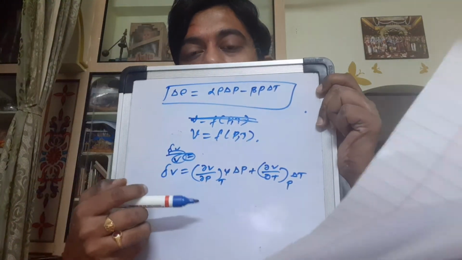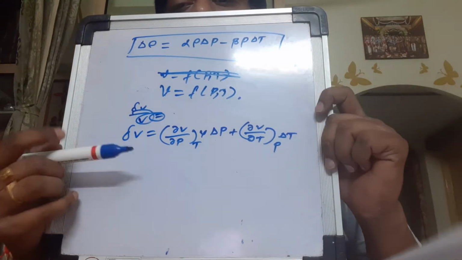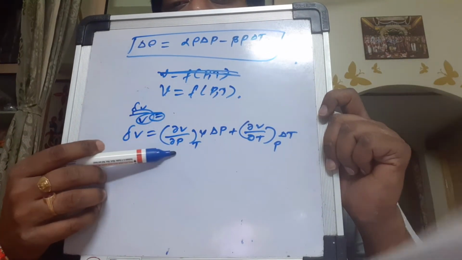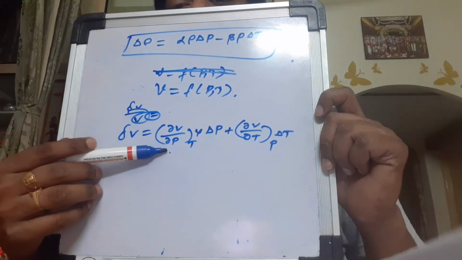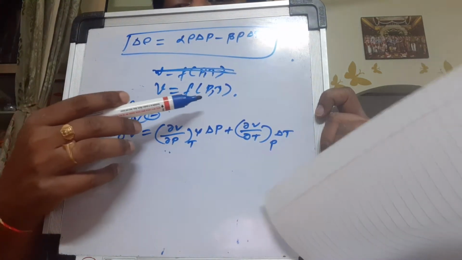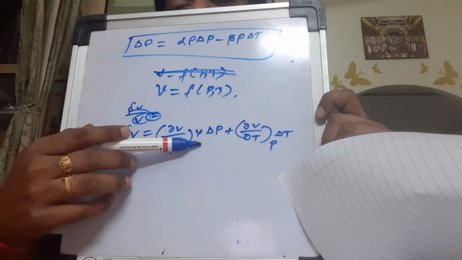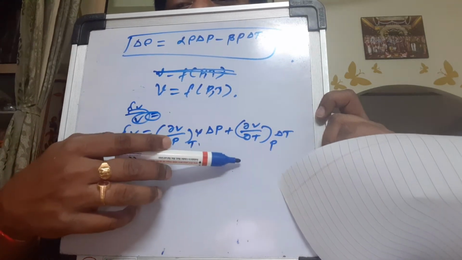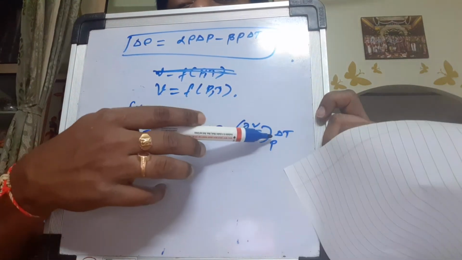I have not even referred to earlier equations. Delta V is equal to dou V by dou P, because V is a function of pressure and temperature, taking P as variable at constant temperature into delta P, plus dou V by dou T at constant pressure into delta T.